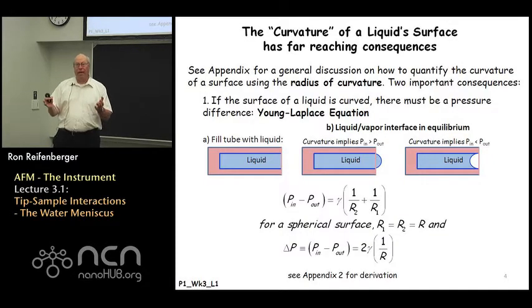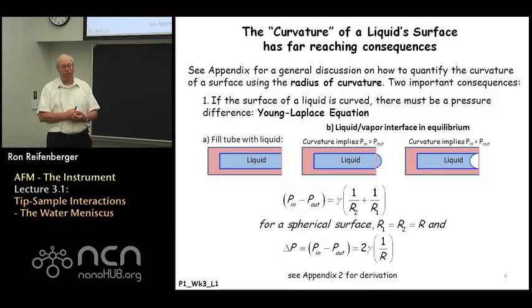For those of you that may not know, the curvature of a liquid surface has rather far-reaching and important consequences. So in this particular lecture, there are more than one appendix that I've attached to the lecture to discuss these various issues in a little bit more detail than I can go into during the course of the lecture. And so I refer you to the first appendix for a very general discussion on how to quantify the curvature of a surface. And the way this is done is by using something called the radius of curvature.